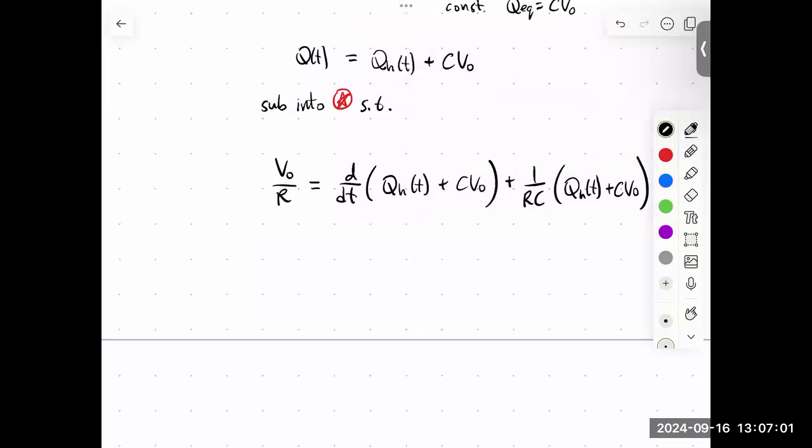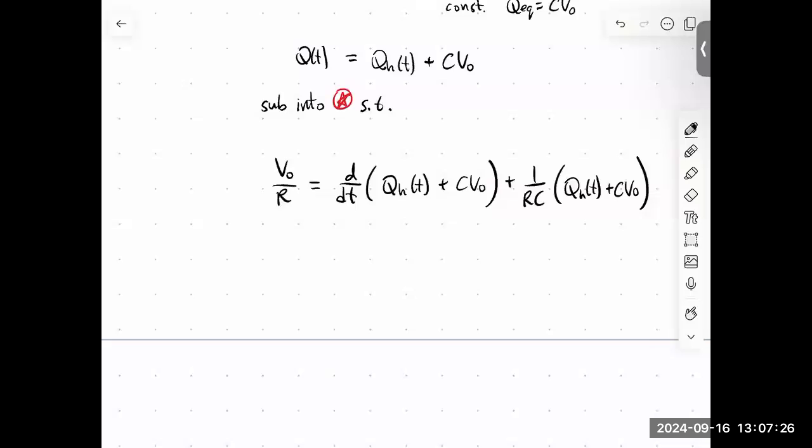It's like I said, we're sort of guessing, and I think it's a reasonable guess that we're going to have this charge that varies with time. We know that it'll ultimately reach this constant. So this QH is going to tell us the time varying part of that charge. And we'll see in just a second why we're doing this.